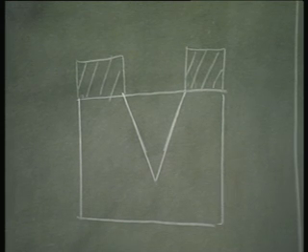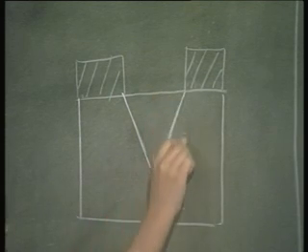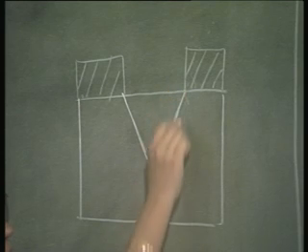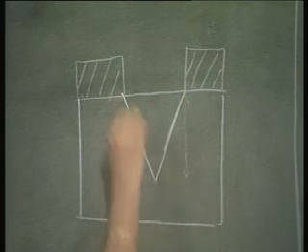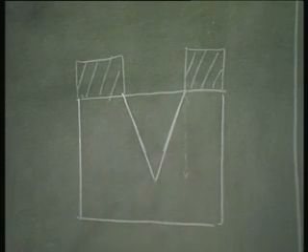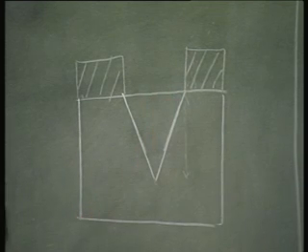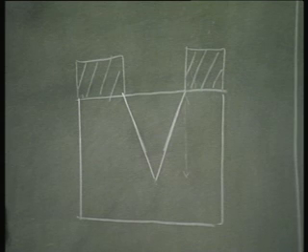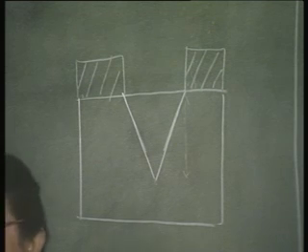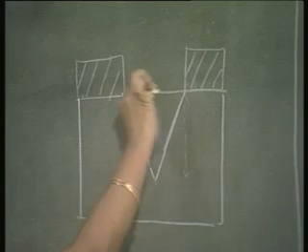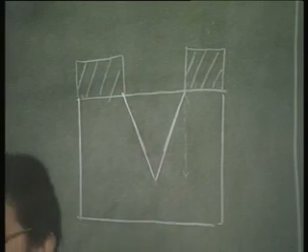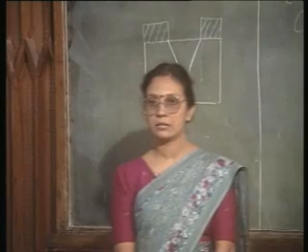etching cannot proceed any further, it is going to stop here, and this height will be determined by the width of the window, because you see this angle is fixed. Therefore, I am governed by this window opening to know finally how much I can etch.